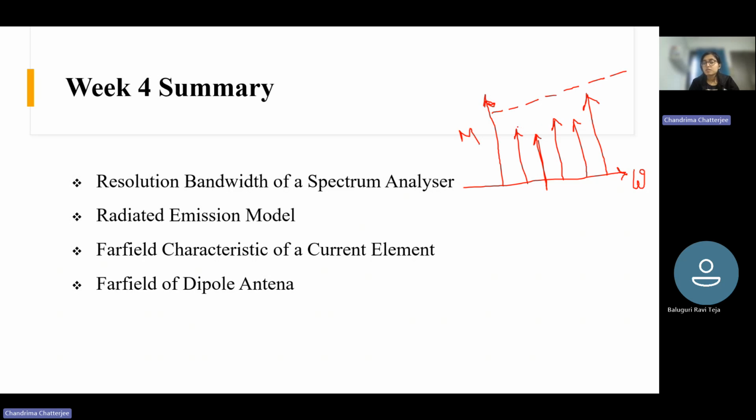So there are obviously some preventive measures and some corrective measures. Preventive measures we take while we design the PCB. Suppose we are designing some PCB, so while designing we have to take certain measures so that we can avoid these emissions. We can reduce them. We cannot completely eliminate them, obviously, but we can reduce them. And there are some corrective measures. There are some filters, EMI filters, common mode and differential mode filters.